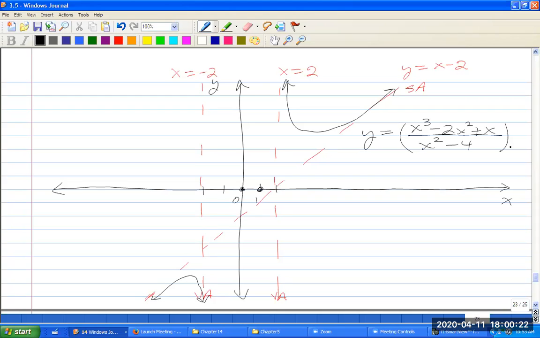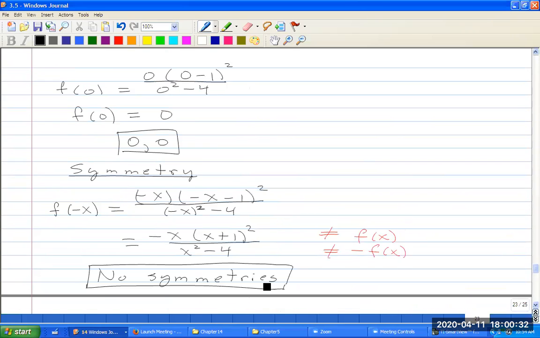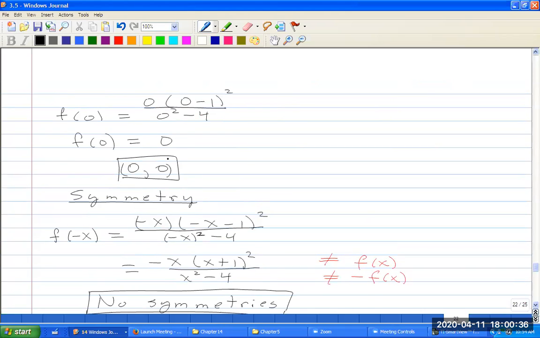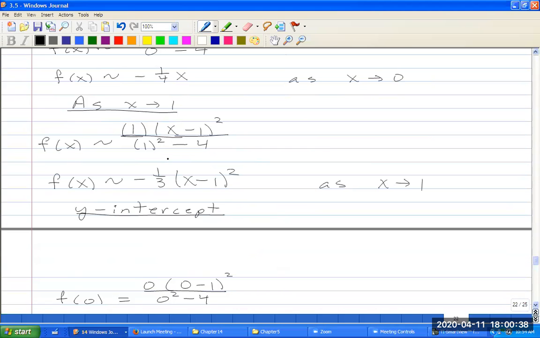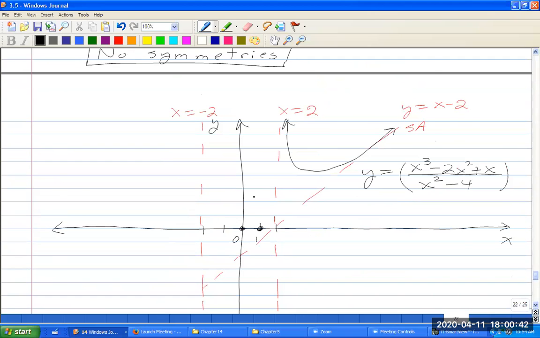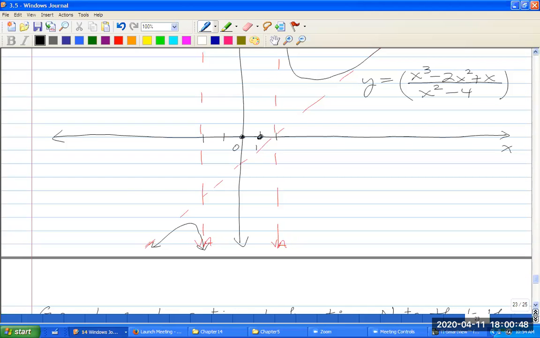Now, in this region here, at 1, it looked like a negative 1/3 x, relatively flat like this.